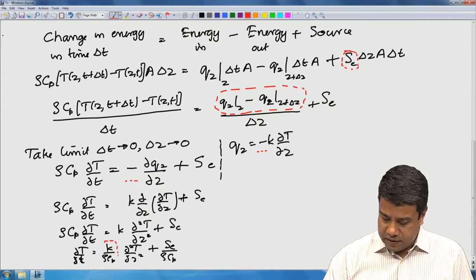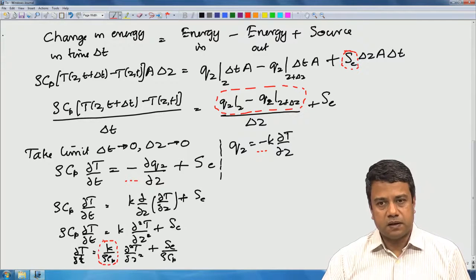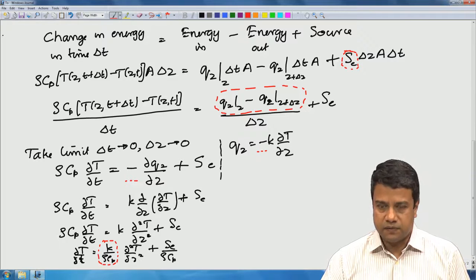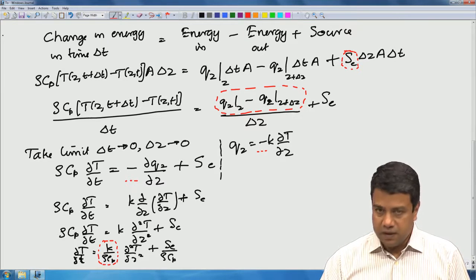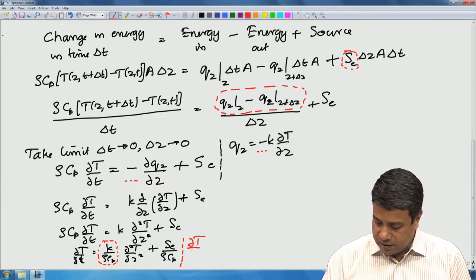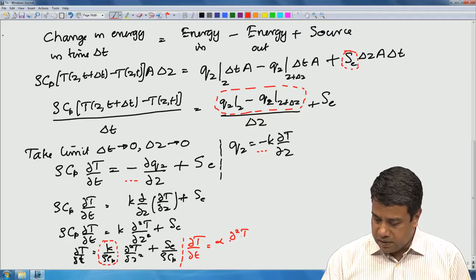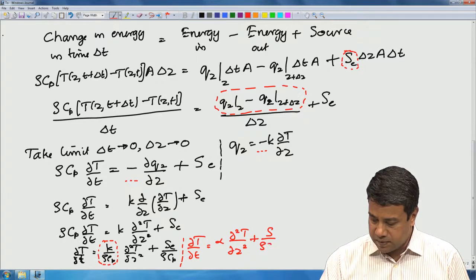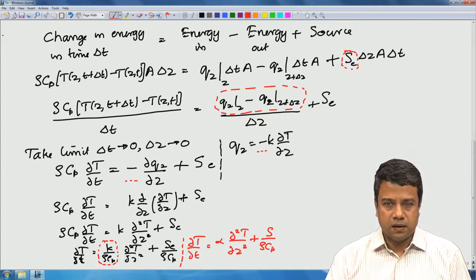This k by rho Cp is the thermal diffusion coefficient. So, the final equation that I am getting is of the form dT by dt is equal to alpha d square T by dz square plus S by rho Cp, where alpha is the thermal diffusion coefficient.